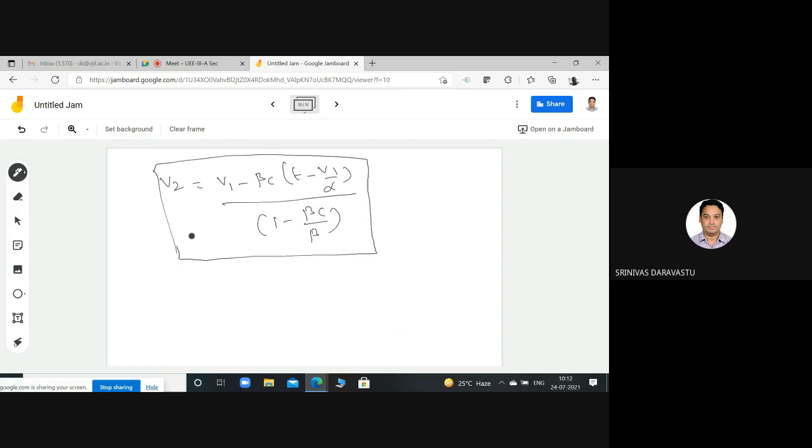Here beta C is the retardation at the end of the coasting period, V1 is the maximum speed at the end of the acceleration period, alpha is the acceleration, and beta is the retardation during the braking period. All these values will be given, so we can find the V2 value. V1, beta C and T will be given, and they will ask you to find the V2 value.